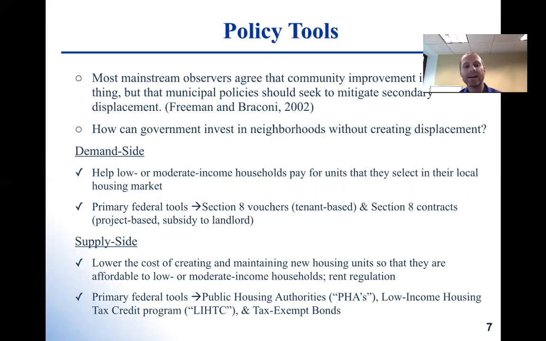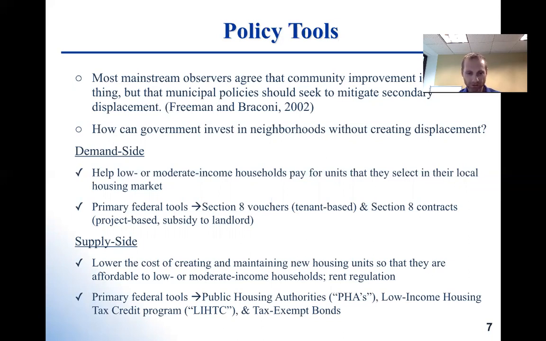On the demand side, governments can help lower and moderate income households pay for the units where they're living. It could be rent control or rent regulation. There are primary federal tools like Section 8 vouchers, which is public housing provided to low-income households. There's also the supply side, which can look at lowering the cost, creating and maintaining new housing units, and also incentivizing builders to build affordable houses in these gentrifying areas.